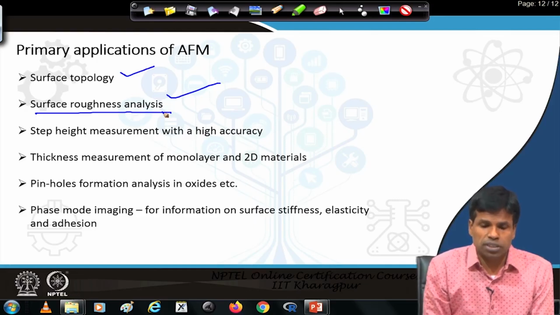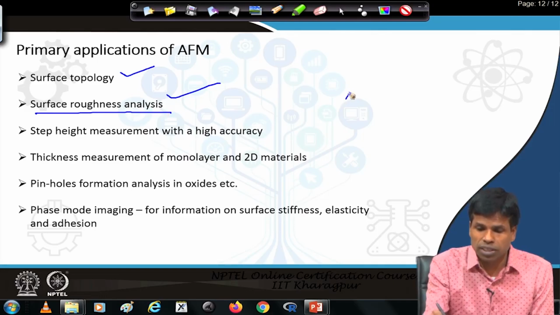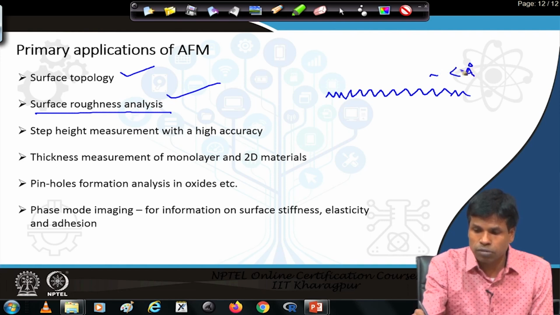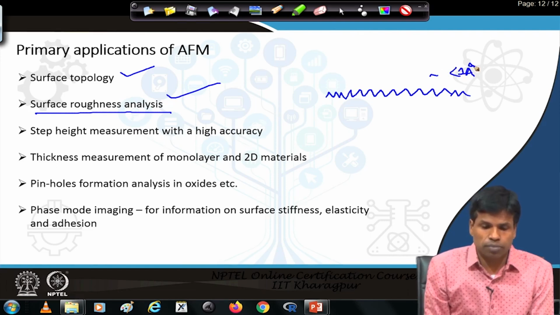Accurate surface roughness can be detected at sub angstrom levels, less than 1 angstrom.